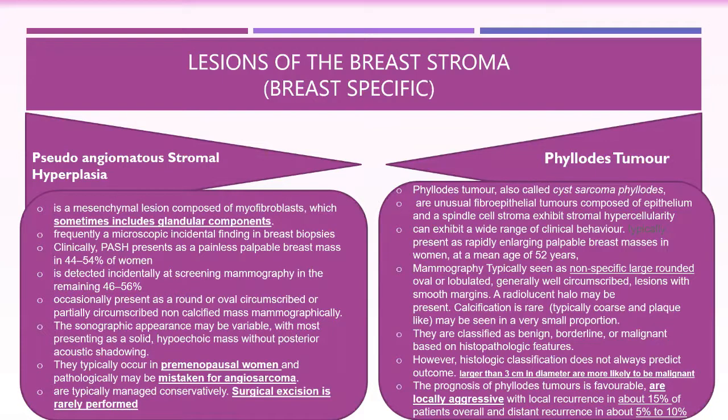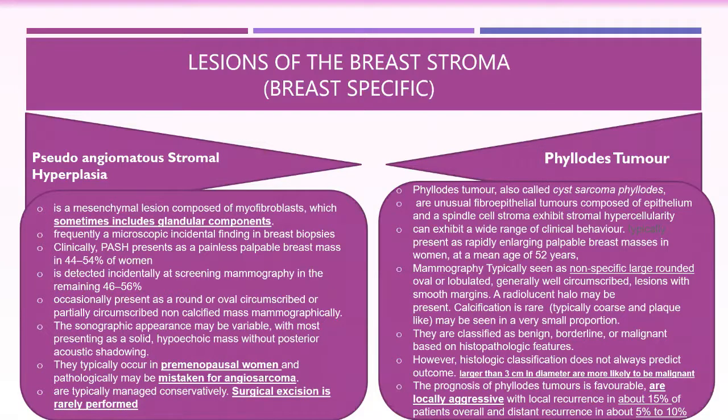We cannot differentiate benign from malignant because there are three pathological grades of phylloides tumor: benign, borderline, or malignant. We cannot typically differentiate the three by imaging.